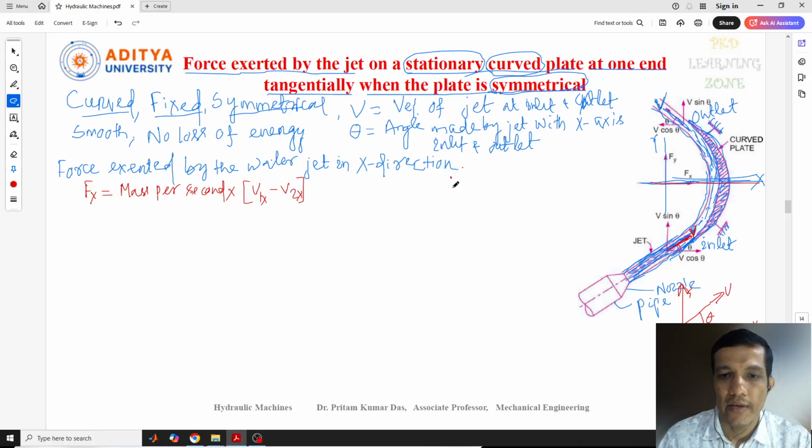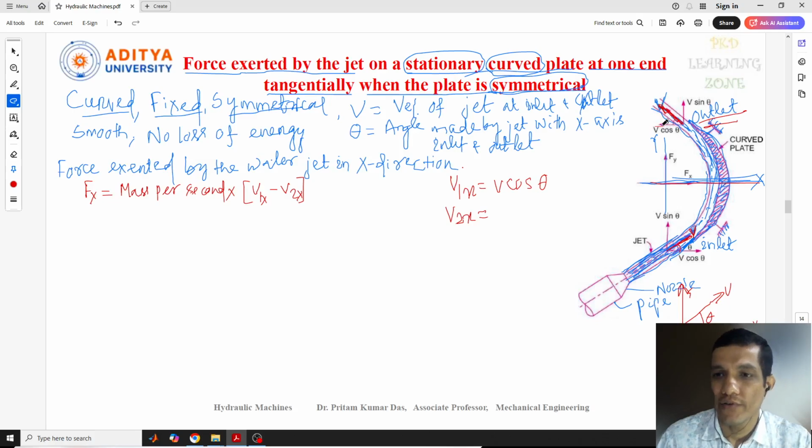So v1x, the initial velocity in the x direction, is v cos theta. Similarly, v2x will be the final velocity in the x direction, at the outlet condition, coming out from this outlet with respect to the x-axis.